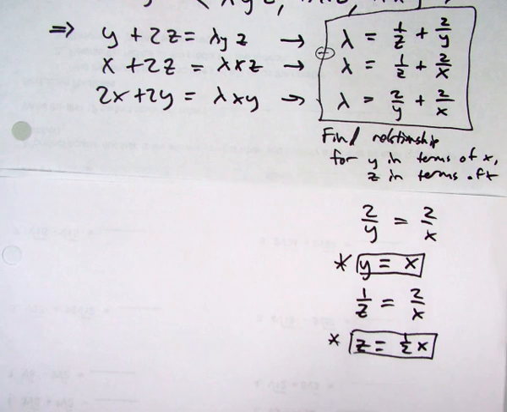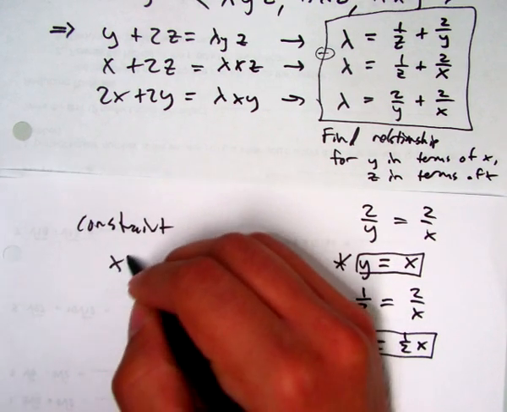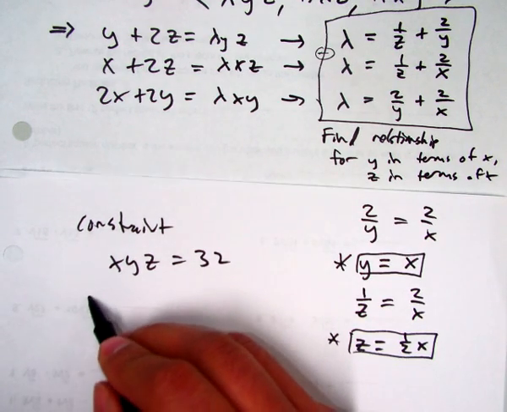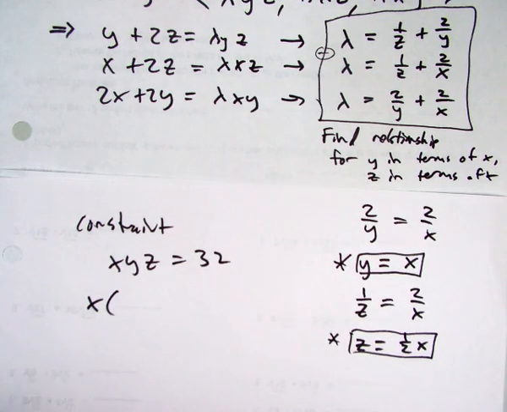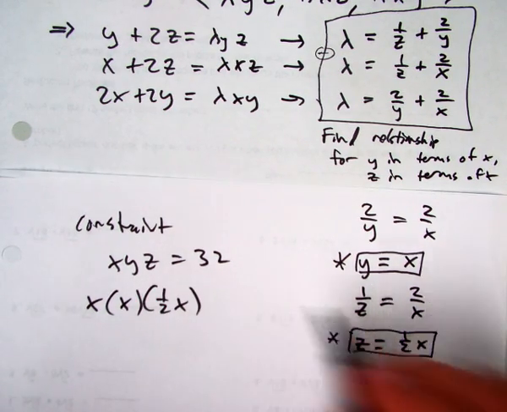So if I go back, what did we do once we knew what each variable was equal to? Plugged it into what? Yeah, the constraint. So the constraint was xyz has to equal 32. Well, now we know that x is x, y is also x, z is half x.